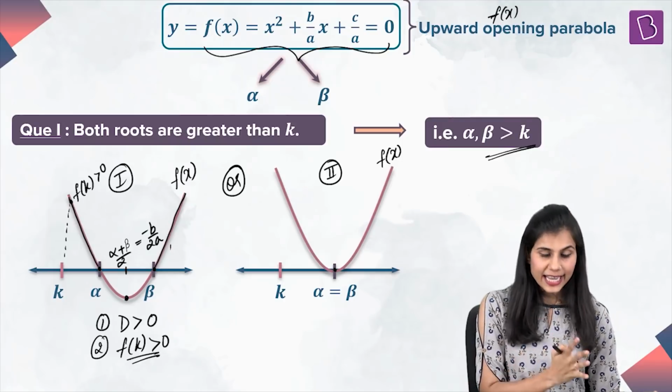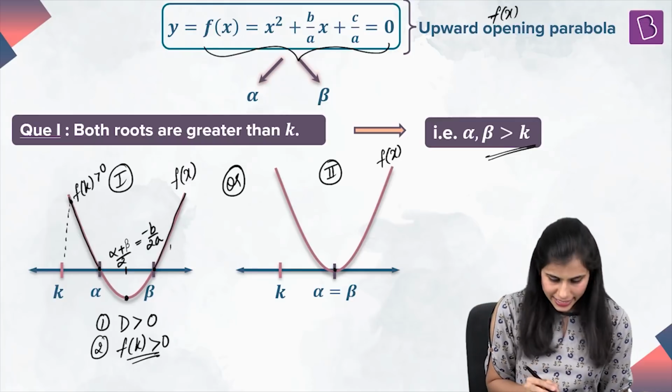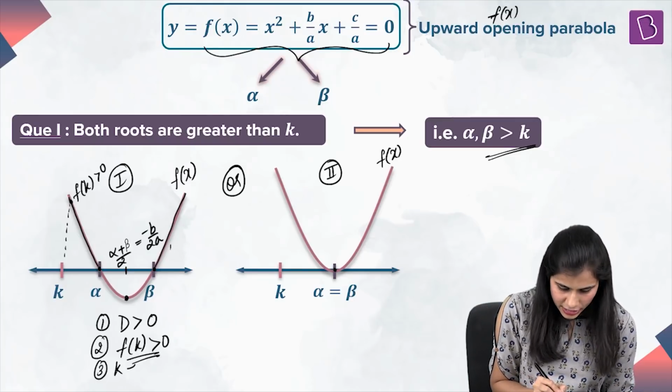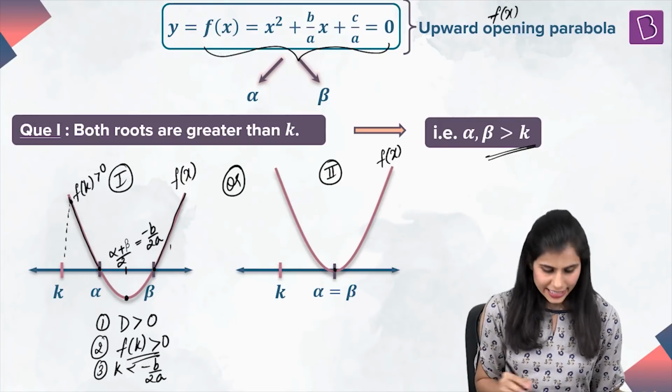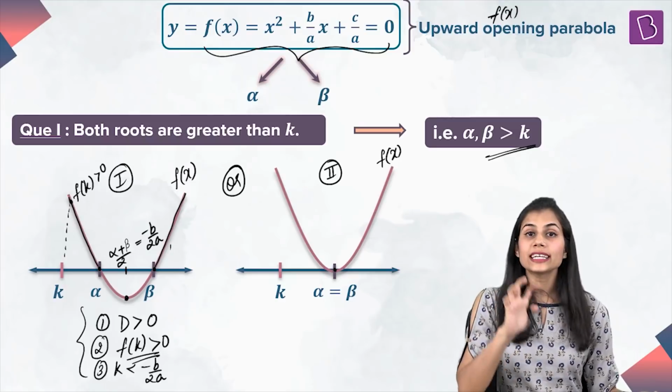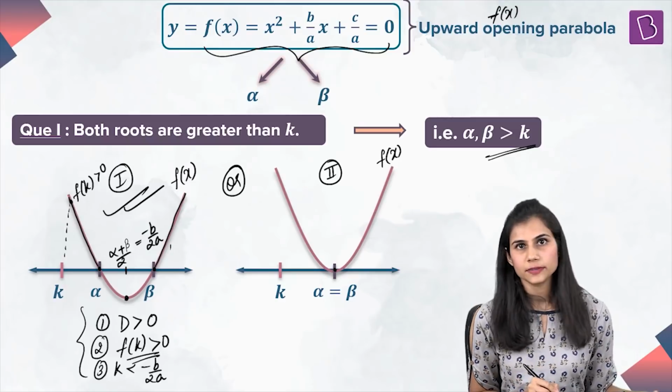So, if I want to say k is lying to the left of alpha and beta, in mathematical condition form, I can say that k is strictly less than minus b by 2a. That's it. These are the three conditions which, when considered simultaneously, will give me the first figure.